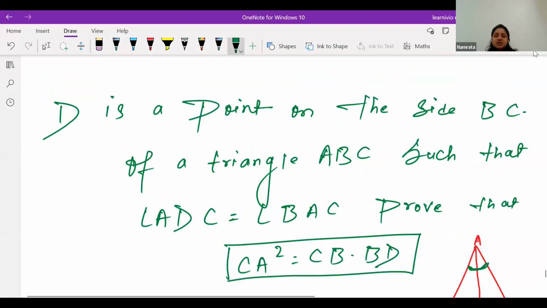Whatever you are thinking, please tell me. It can be right, it can be wrong, no worries. Please let me know. To prove the triangle is congruent, that is the... I can't see the triangle. Can you see now?